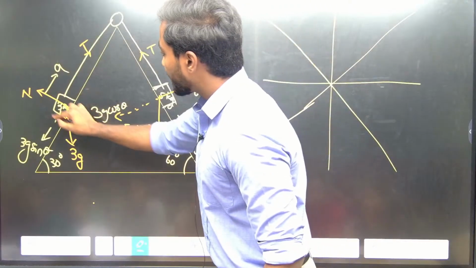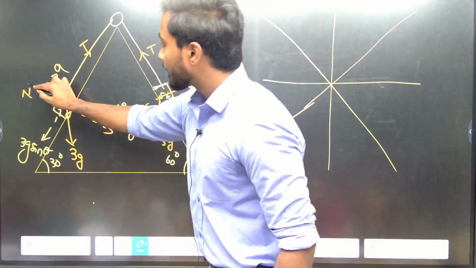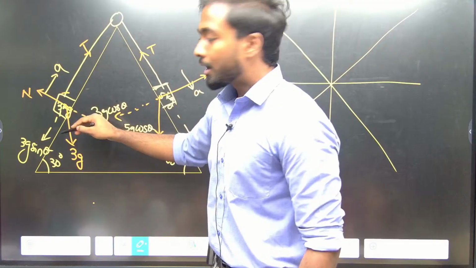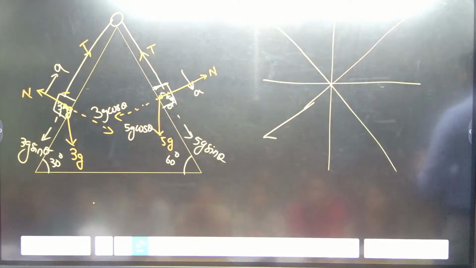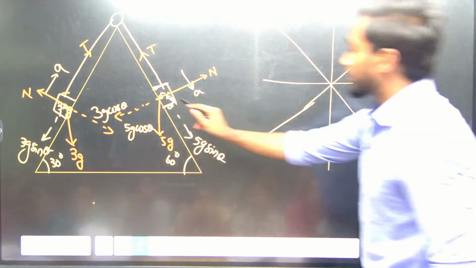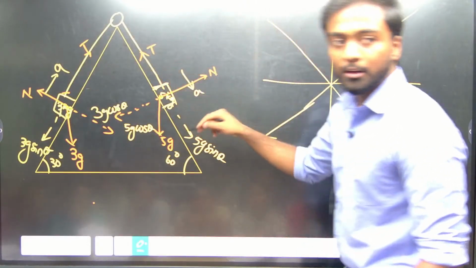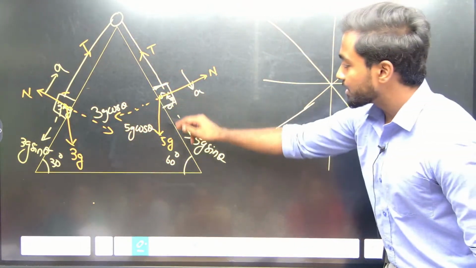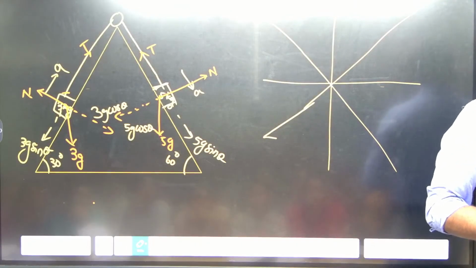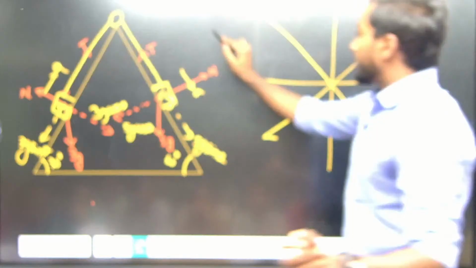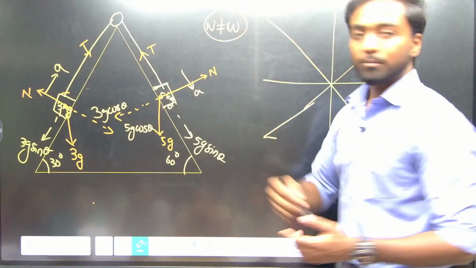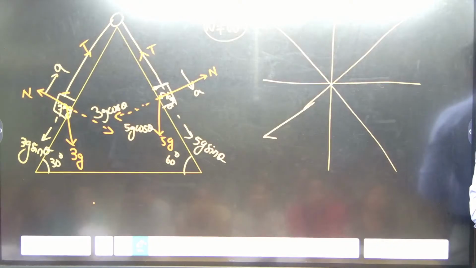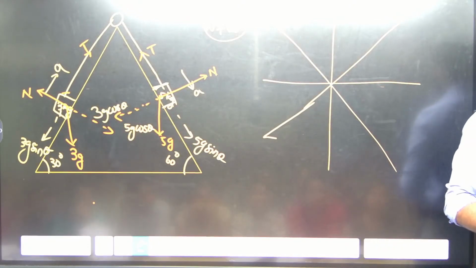If I talk about the forces acting on the 3 kg, one is the normal force and one will be mg. Mg will always act downwards, but the normal force is perpendicular to the surface. This is also a normal force which is perpendicular to the surface, and 5g will be acting downwards. We know that N is not always equal to the weight, that is mg.